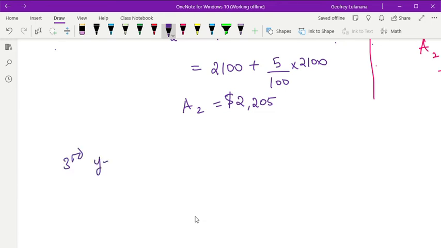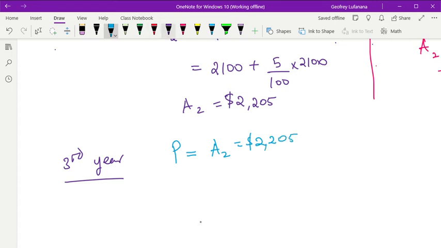So if this is our third year, our principal is going to be the amount from the second year, which is $2,205.